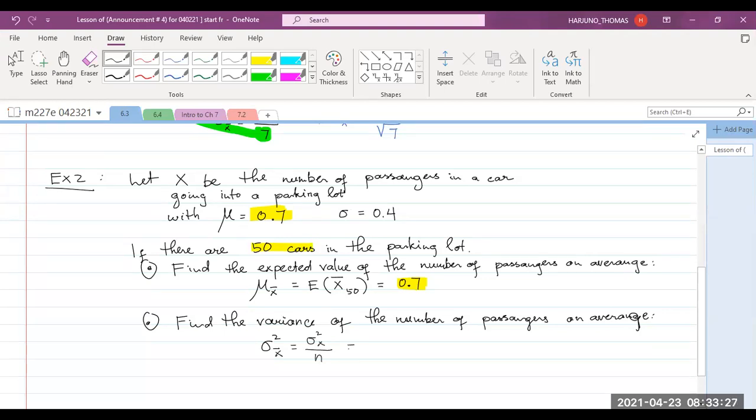So in this case, that will be 0.4 squared over 50.